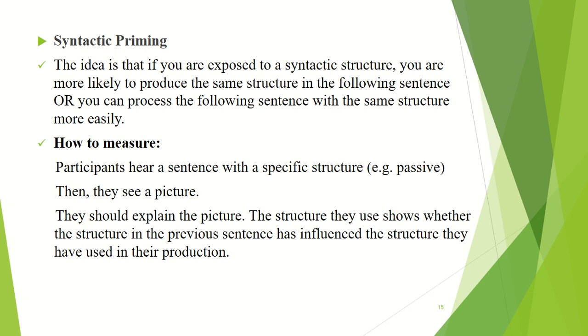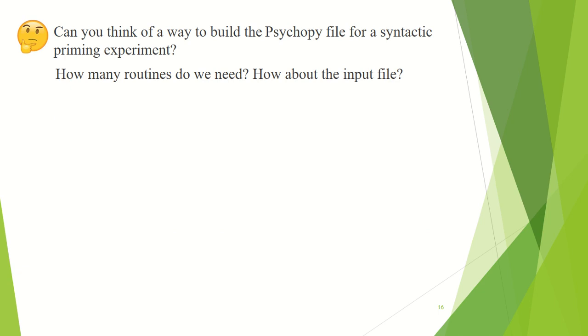So in our file, we are only dealing with production experiments, that is, the experiment in which participants hear a sentence and then they see a picture and the researcher asks them to describe the picture. So let's see how we can build a PsychoPy file for syntactic priming.